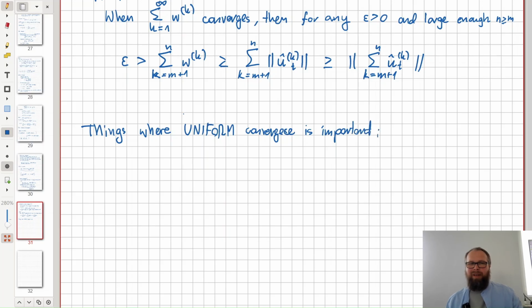One, continuity. We have functions, so the most basic thing about functions is to check if they are continuous. So we have our series of functions, of terms that are functions. If I go to the limit, can I preserve continuity, for example?